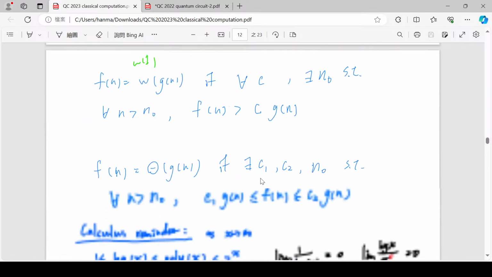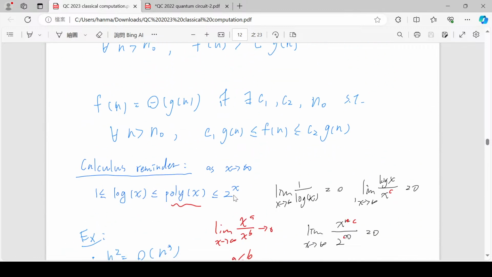But as we see, it has a strong correlation to calculus, and from calculus we know basically this set of things.